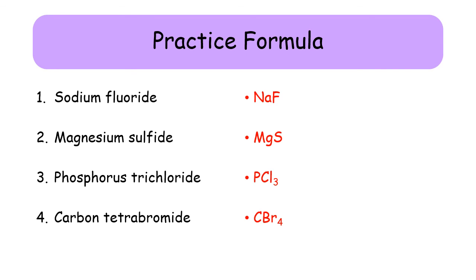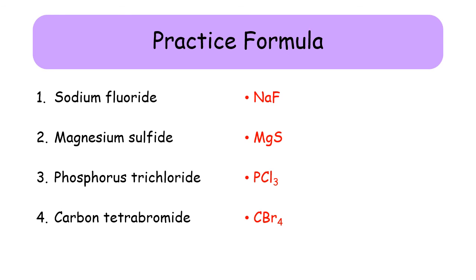Hopefully you've paused the video and you can see that the answers for sodium fluoride should have been NaF. Magnesium sulfide, MgS. Those two required you to use SVSDF. Phosphorus trichloride, well, that had a clue for chlorine. So it was P, only 1 phosphorus because there was no clue for it. Trichloride, Cl3.